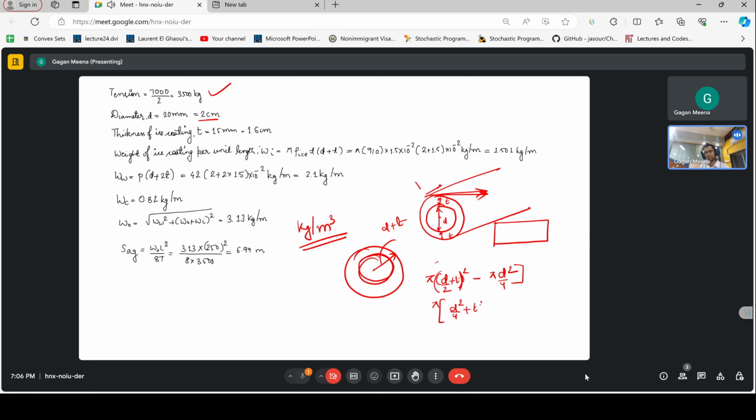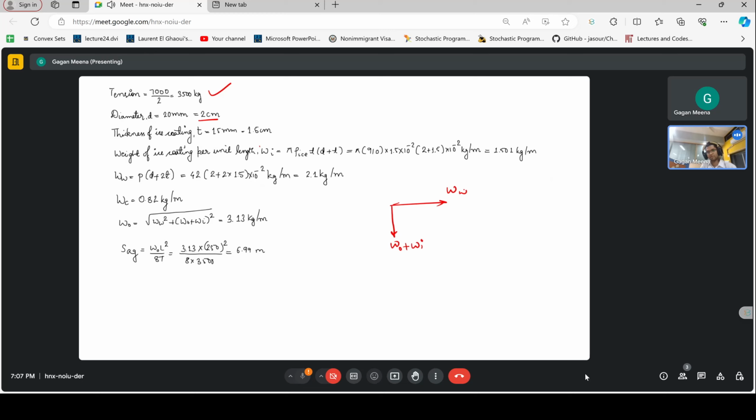So this is 3.13 kg per meter. So this is the maximum sag. Maximum sag here will be omega L square by 8T. If it is asked what is the vertical sag, then it will be S cos theta.